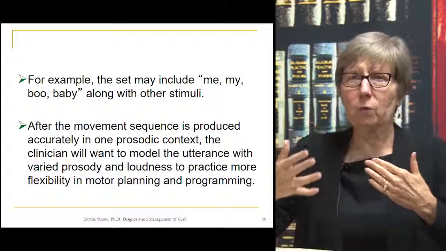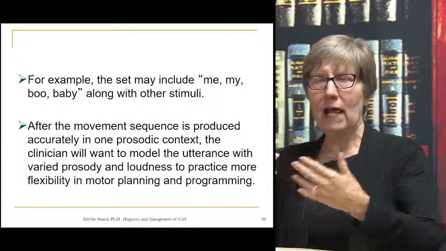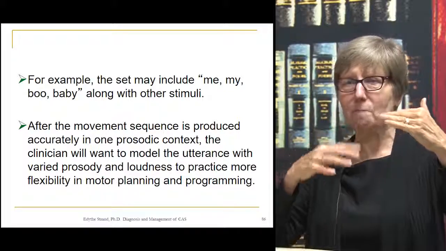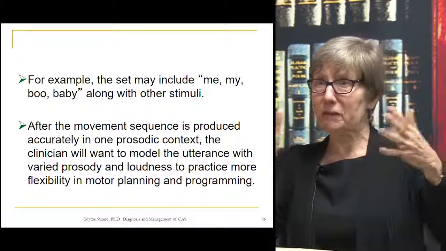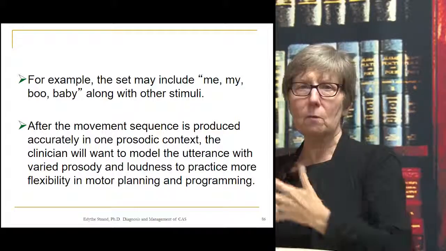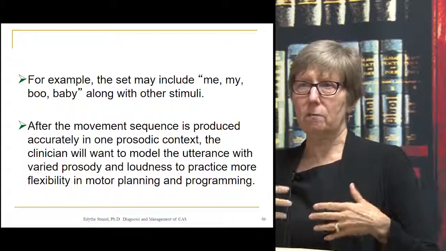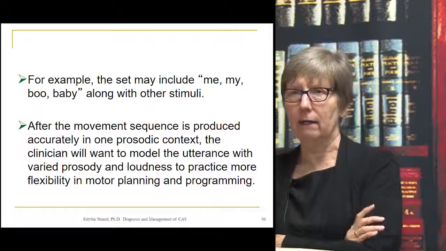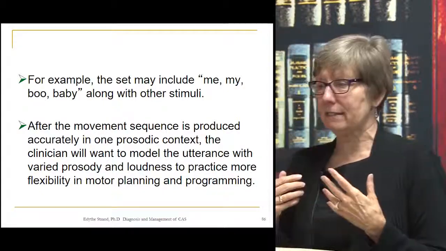So we're working with each one individually, and they'll progress at different rates, right? And you're keeping track of the progress of each one individually. We'll talk more about that. And let's say hi is the first one. You've given it a few extra blocks, and it's the first one to be accurate, at normal rate, and you're going to start varying the prosody. Hi, hi, hi, hi, where he's going to or she's going to imitate your prosody.